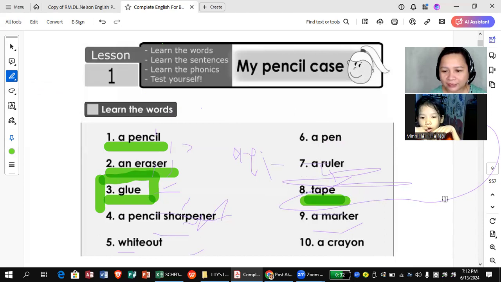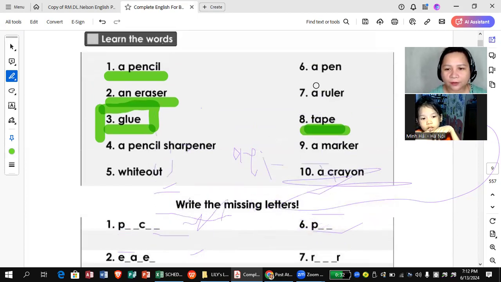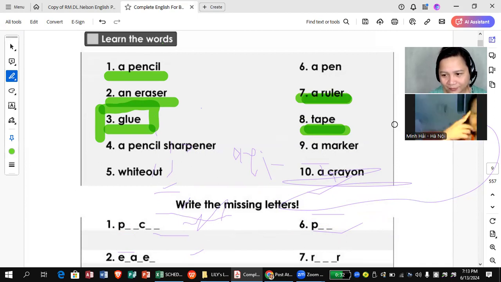T and P. Okay, how about here? What are the vowels in here?